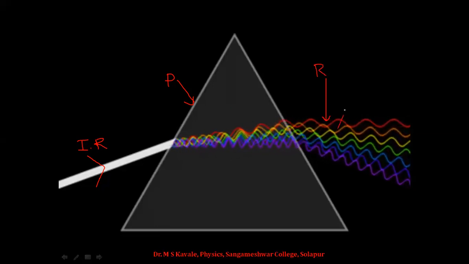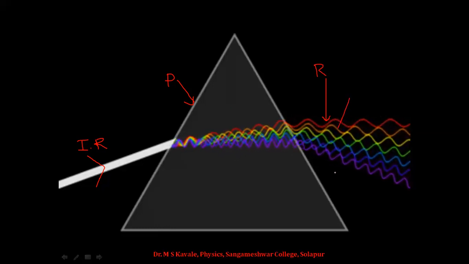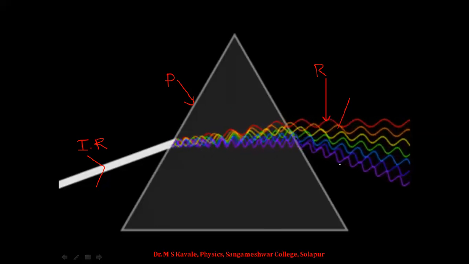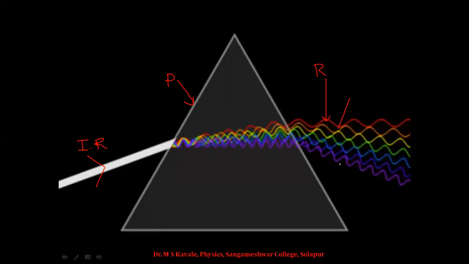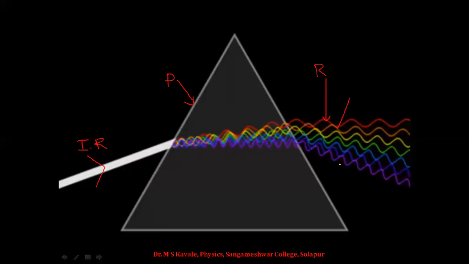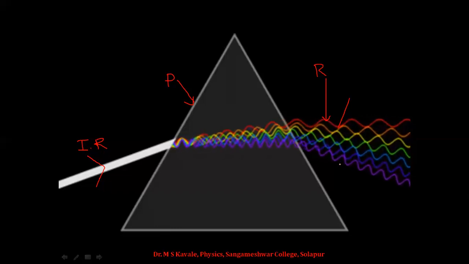Then orange color, then yellow, green, blue, indigo, and violet. So 7 colors are visible in this animation. So this is the dispersive power of the prism. That power we have to calculate with the help of this experiment.